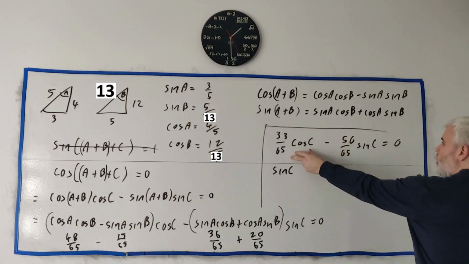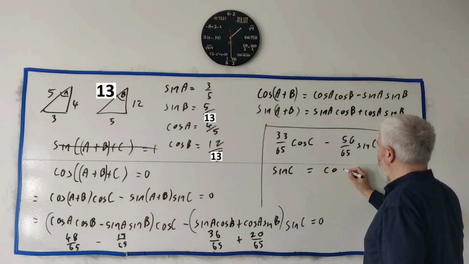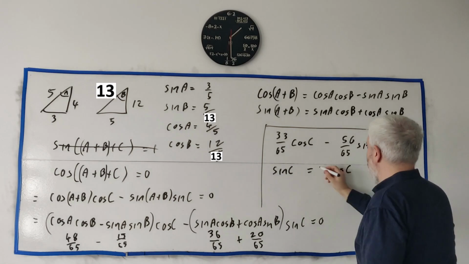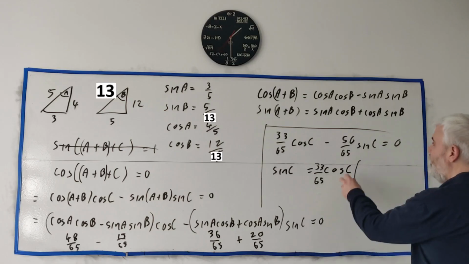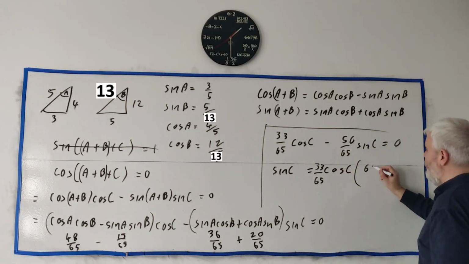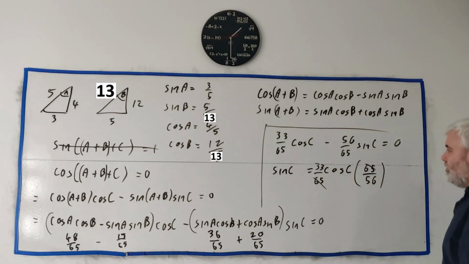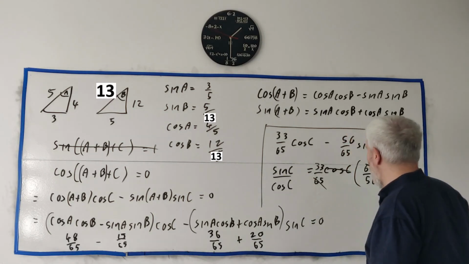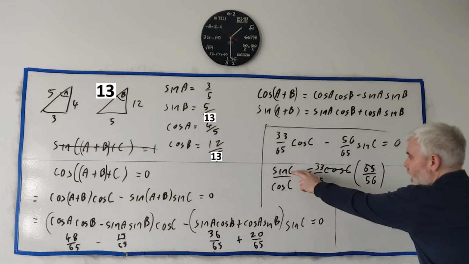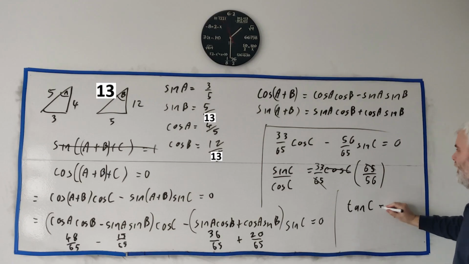Sine C will equal, move the sine C over, cosine C times 33 over 65, and we'll end up multiplying by this 65 and dividing by this 56. The 65s cancel. Divide both sides by cosine C. And we're left with sine C divided by cosine C, which is tangent of C, and that will equal 33 over 56.